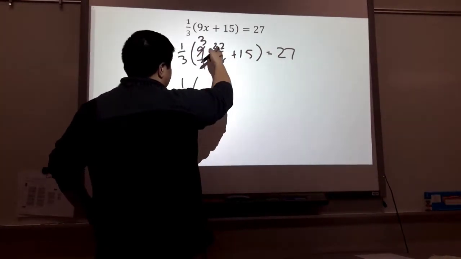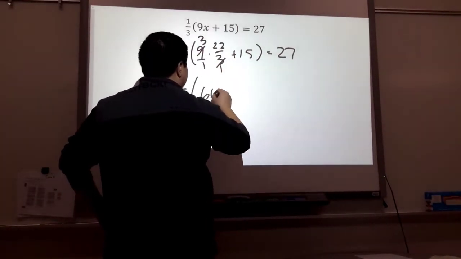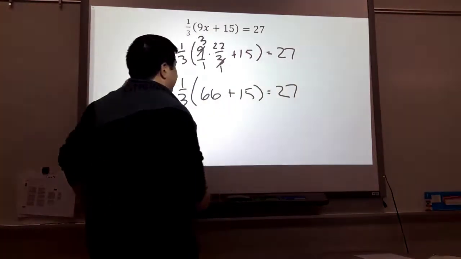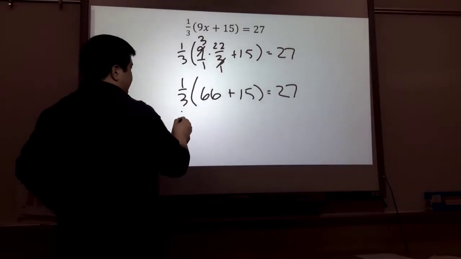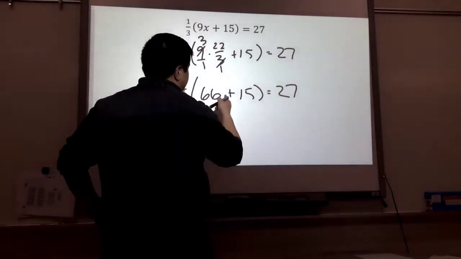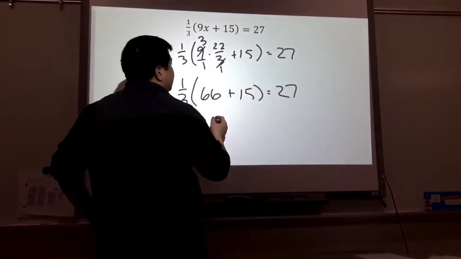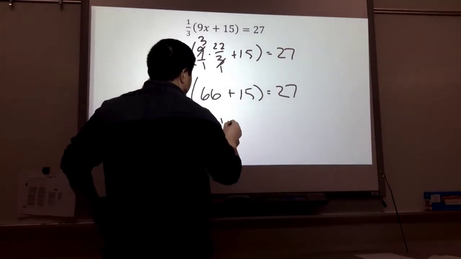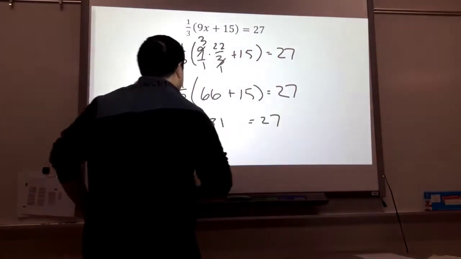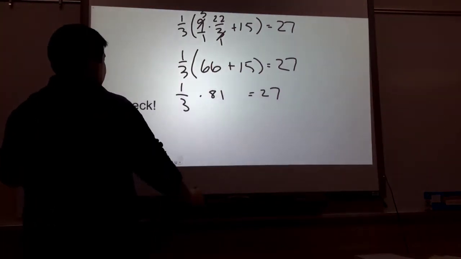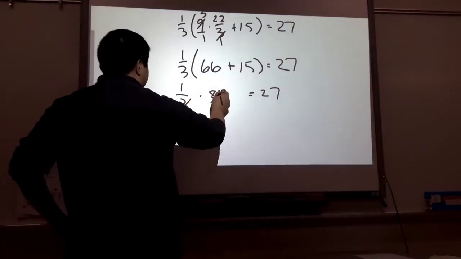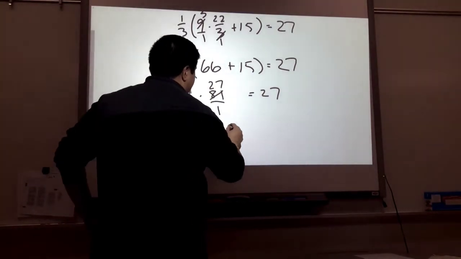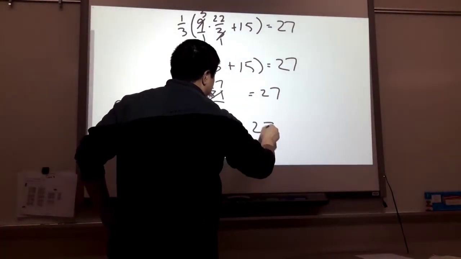Multiply these two, we get 3 times 22, which is 66, plus 15 is 81. 1/3 times 81 is hopefully 27. And when we do the multiplication, we can cross cancel. 3 goes into 81 27 times. So we do in fact get 27 equals 27.